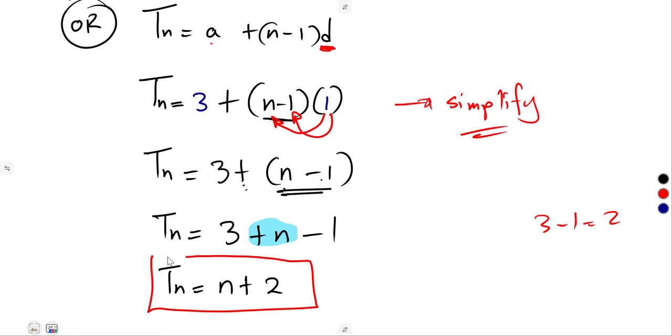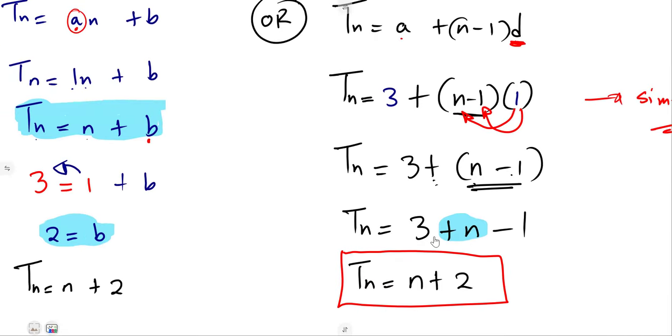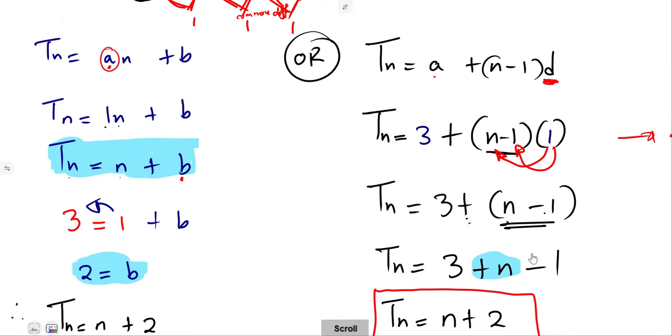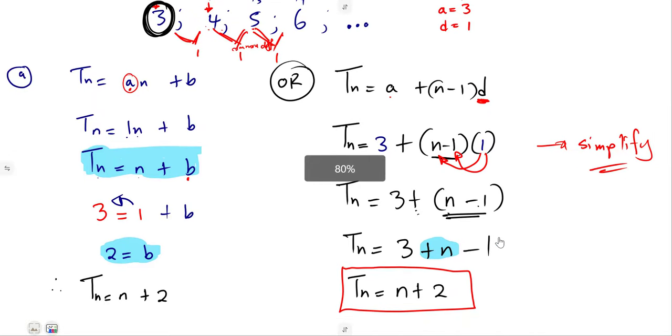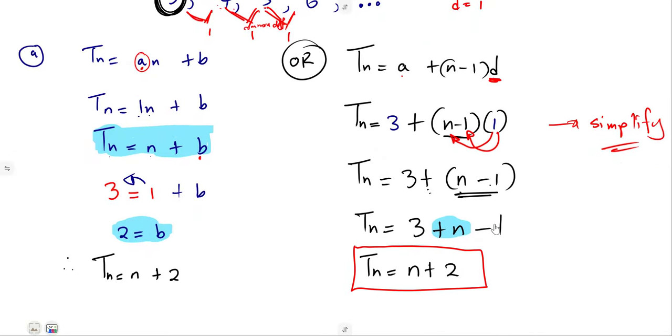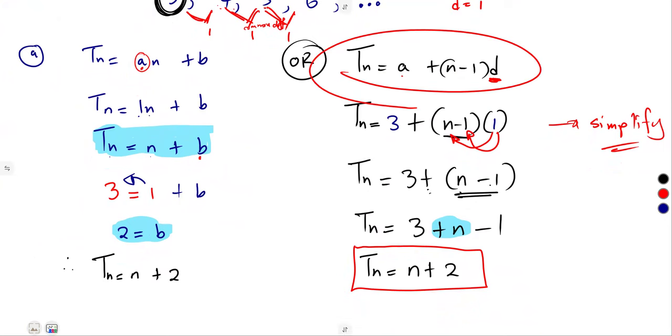Tn is equal to n plus 2, which is exactly the same as what we had before. It's a formula meant for all linear sequences, as long as it is an arithmetic or a linear sequence.